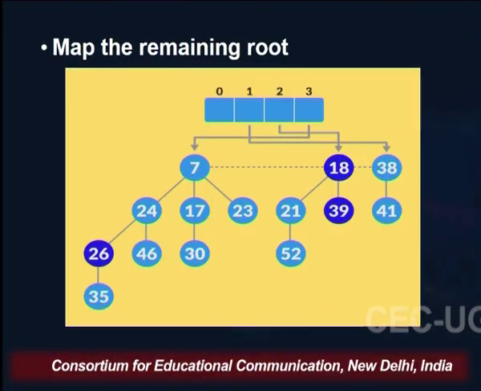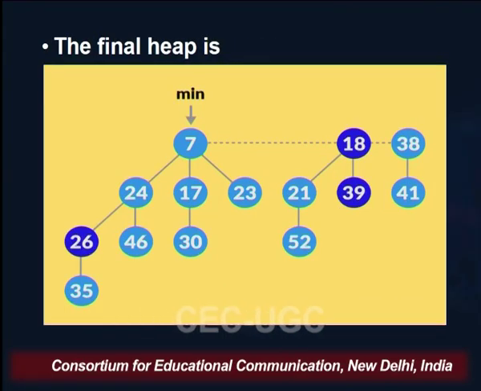And we need to map these nodes, and here we have the final mapping as shown on the screen. So we have 1, 2 and 3. We do not have any tree with 0 children, so that cell is not pointing towards anything, and this is going to be the final heap.